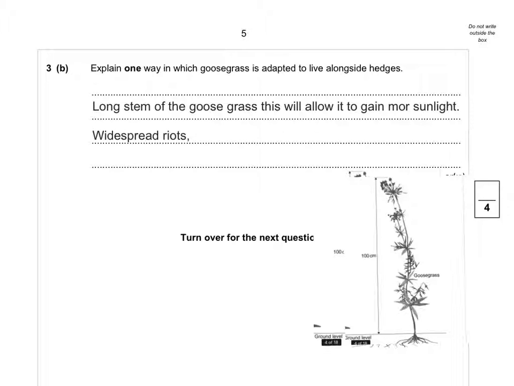So by this we mean that the roots cover a large area, and that means that the plant can better compete for water and nutrients. Okay, so either of those is okay for the goosegrass. Next question.